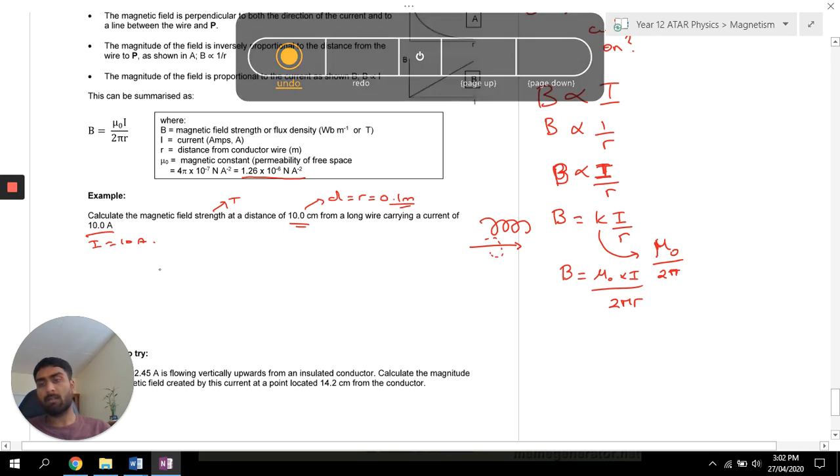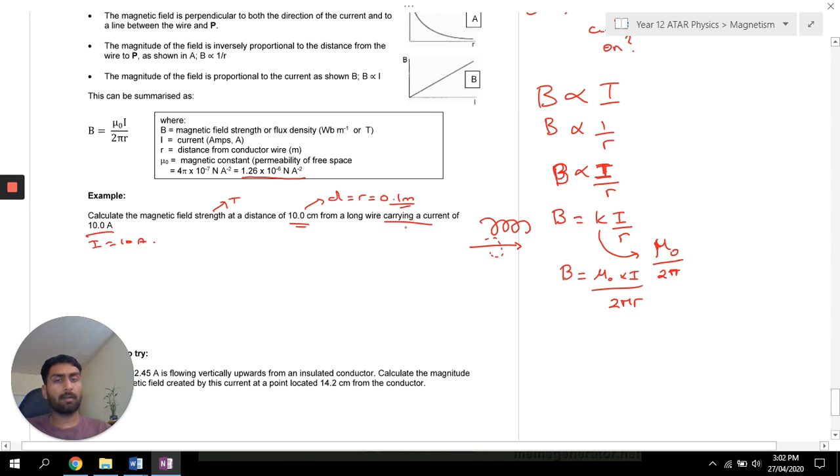It's just a current carrying wire, so I know the formula from my book is mu naught times I over 2 pi r. So the field strength is going to be 1.26 times 10 to the minus 6 times the current, 10 amps, divided by 2 times pi times the radius, 0.1 meters.